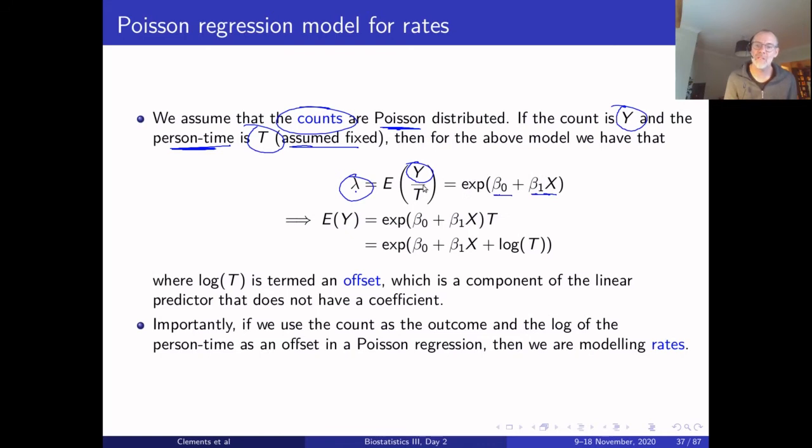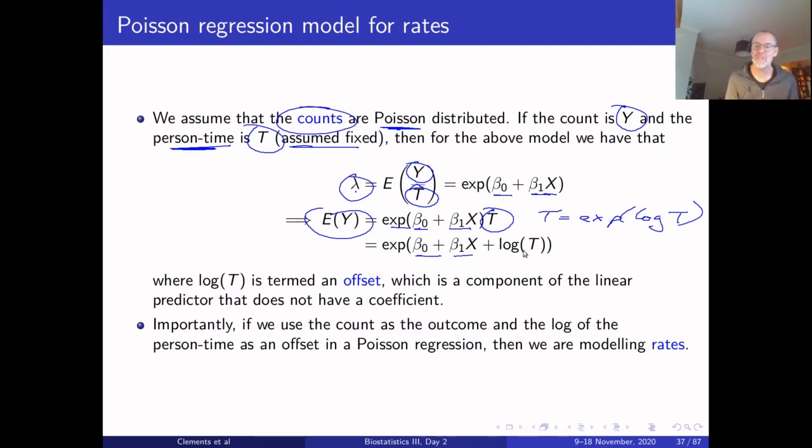Now, this t is constant, so the expected value for the count is equal to the exponential of beta naught plus beta 1 x, times t. And then t is equal to the exponential of log t, so we can put it inside here. So the log of the expected count is equal to beta naught plus beta 1 times x plus log t.